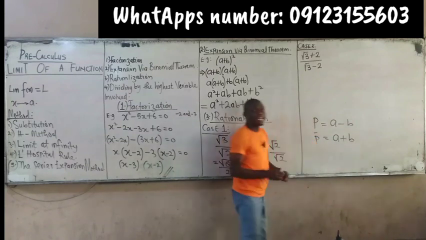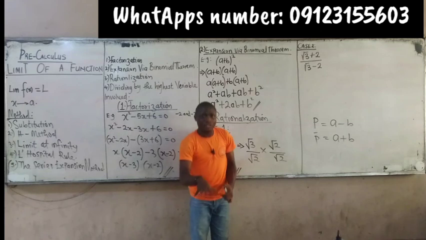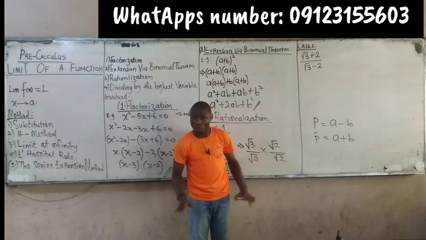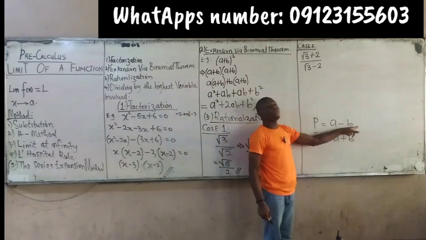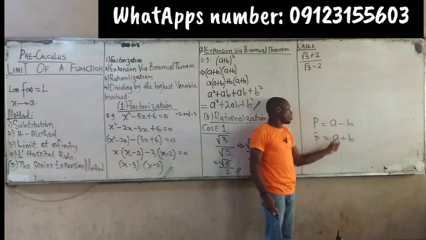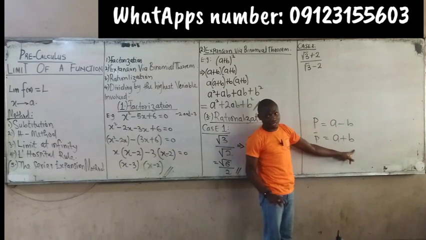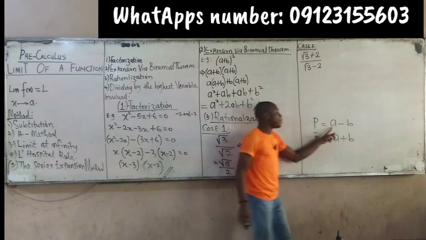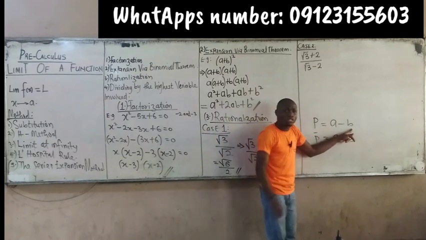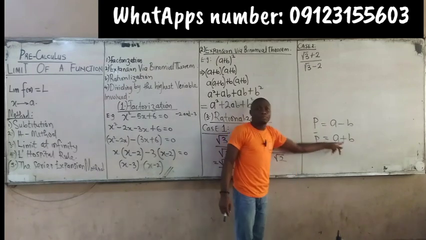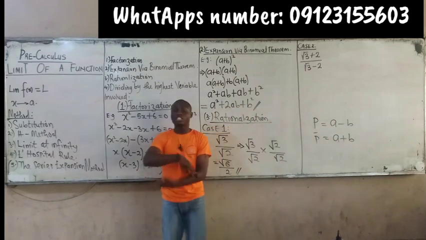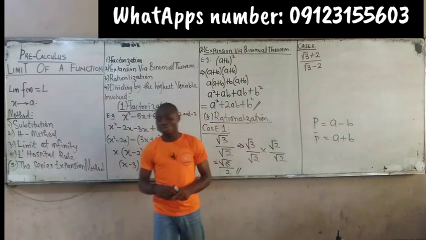Now listen, for the conjugate, what changes? The sign changes, that's all. I have a minus b. The conjugate of this becomes a plus b. Observe this: P is equal to a minus b. The conjugate, P bar, is equal to a plus b. So just change the sign. The opposite sign is the conjugate of an element.